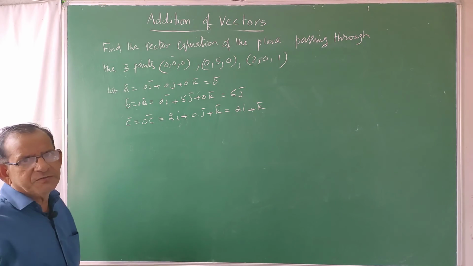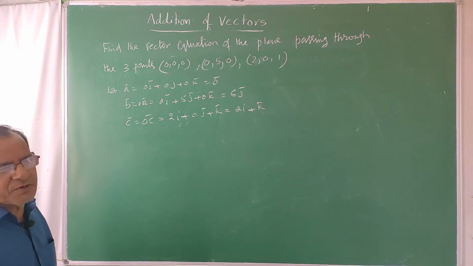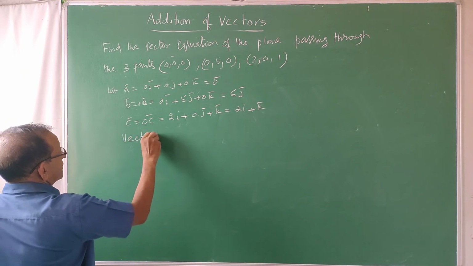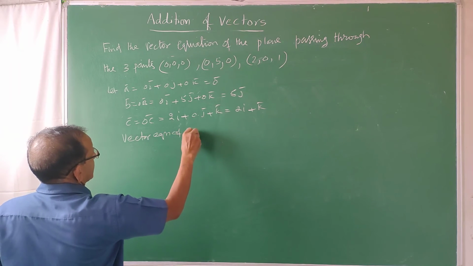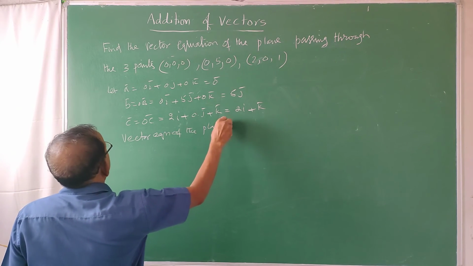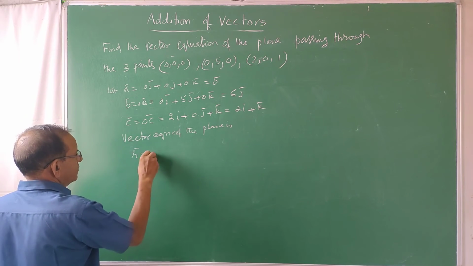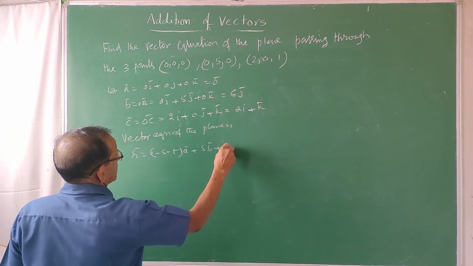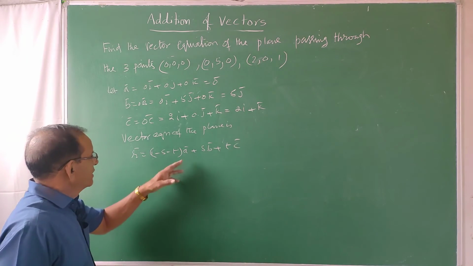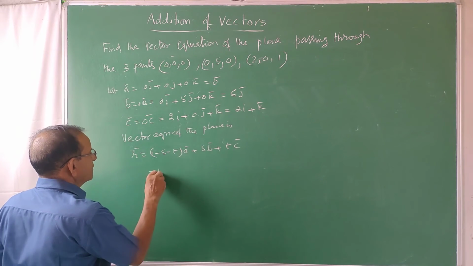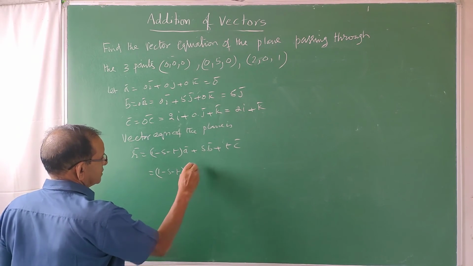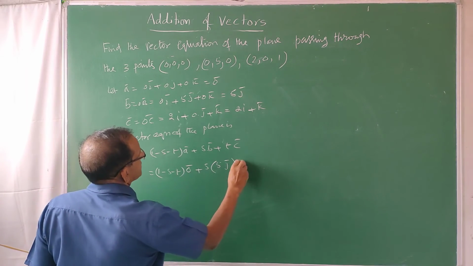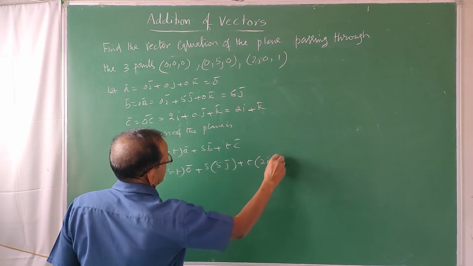Now we have to find out the vector equation. Vector equation of the plane passing through 3 points is R bar is equal to (1 minus S minus T) into A bar plus S into B bar plus T into C bar. A bar is nothing but 0 bar, so that is (1 minus S minus T) into 0 bar plus S into B bar value 5j bar plus T into C bar, 2i plus k bar.